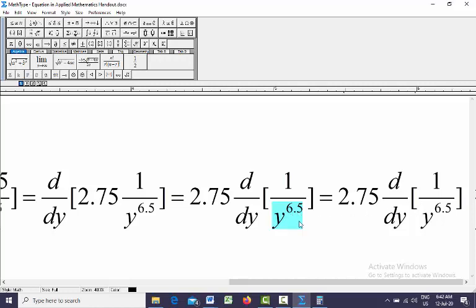That means when you bring the variable from the denominator to the numerator, the power with the variable will become negative.